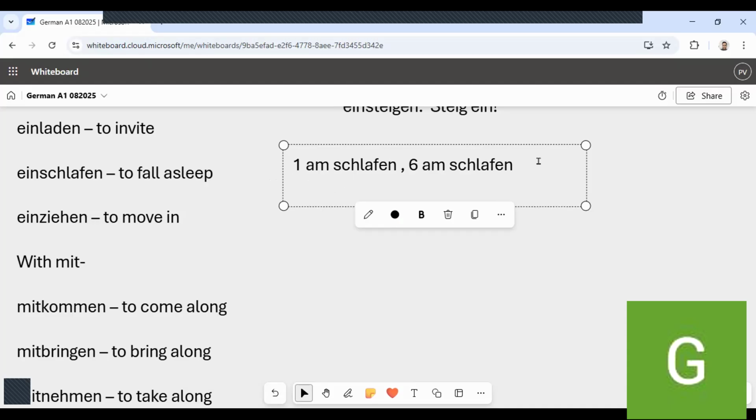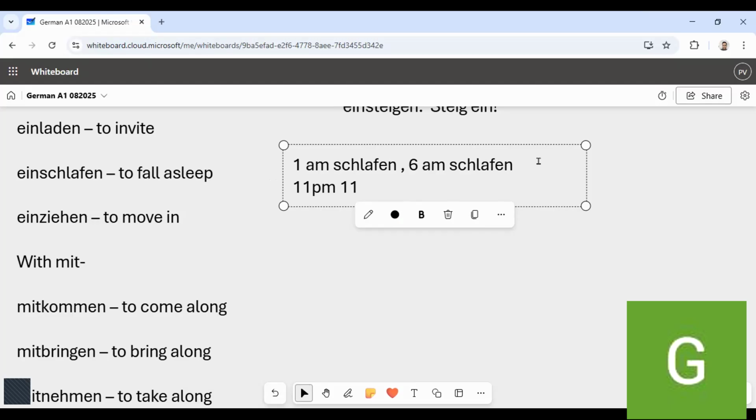But suppose at 11 p.m. you are awake, you are not sleeping. At 11:30 you sleep. Then you will use the verb ich schlafe ein. You are changing the state from being awake to sleeping, which means to fall asleep. Then you will use the verb einschlafen.